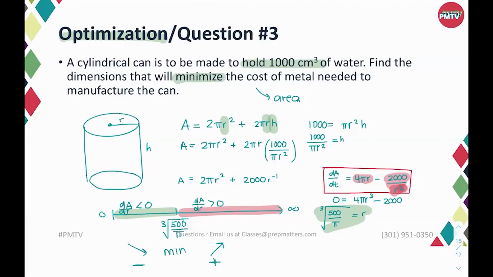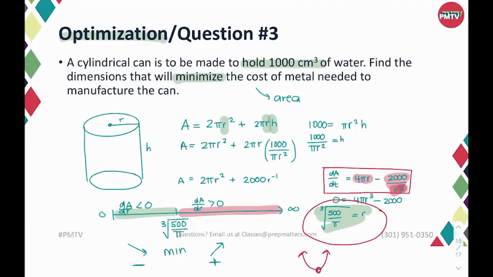We could also do a second derivative test. What that means is we could find the second derivative of our function, going back to our first derivative, and then evaluate that second derivative at the value that we found. If our second derivative is positive, we know that our function is concave up at that value.